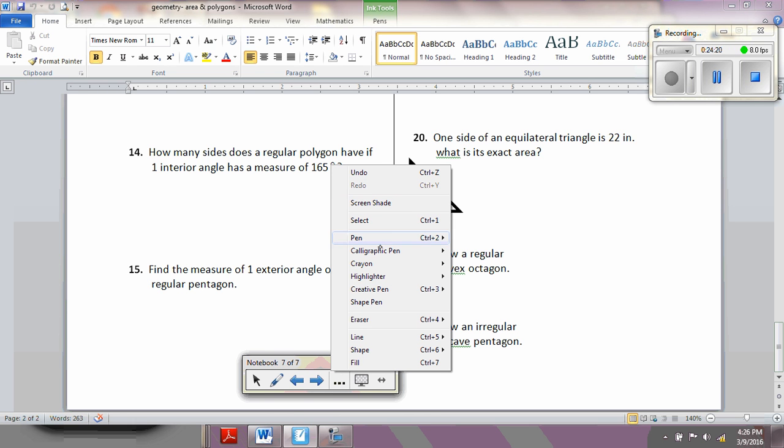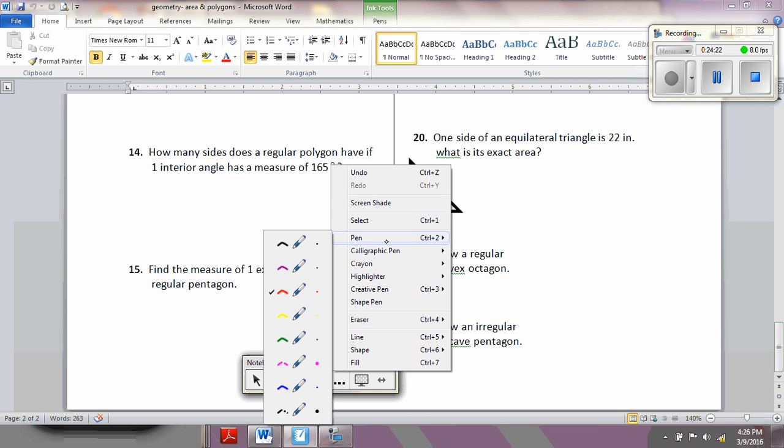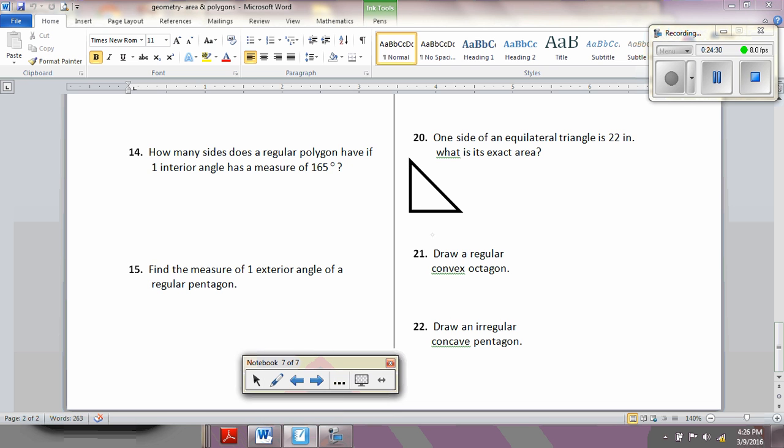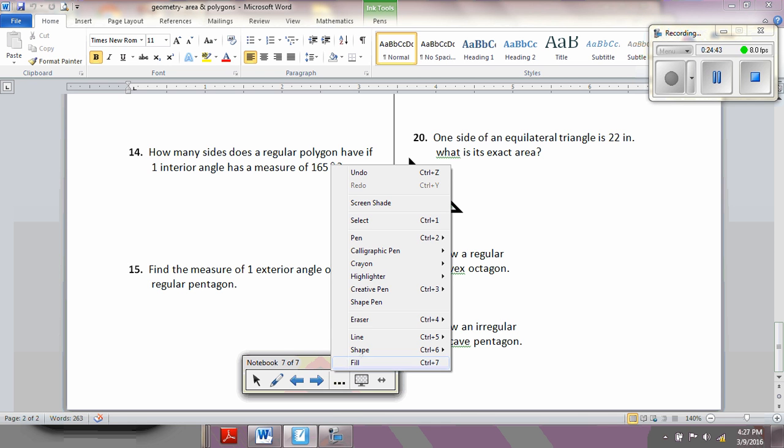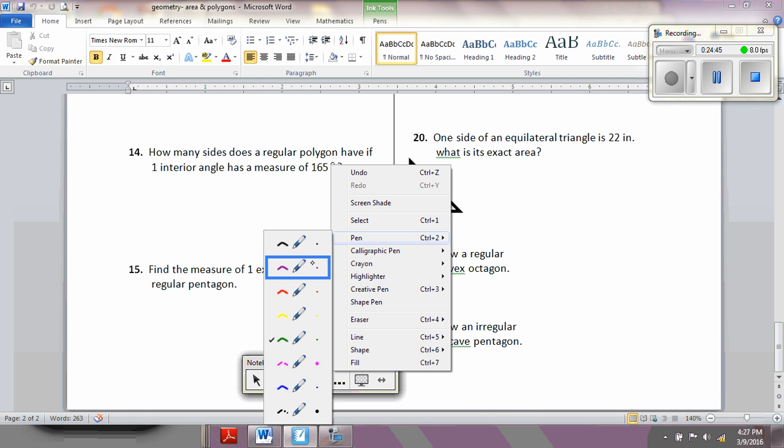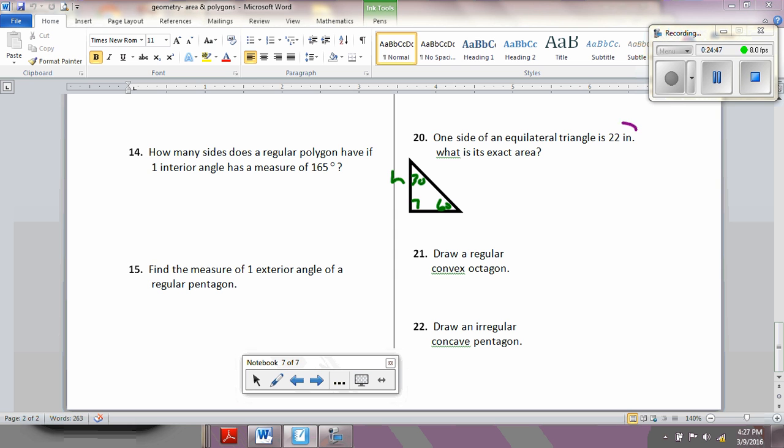And to find the area for a triangle, you need base and height. So the height of the equilateral triangle will always be across from the 60-degree angle. So this is your height, and across from 30 is half of your base, not your whole base. The whole base is 22, so half of that is 11.